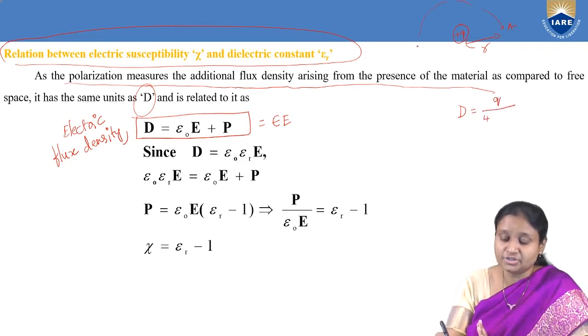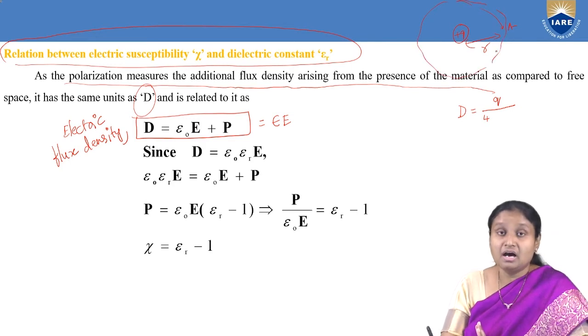If I assume this r at a distance makes a circle, then what is the surface area of that? It is taken as 4 pi r square.